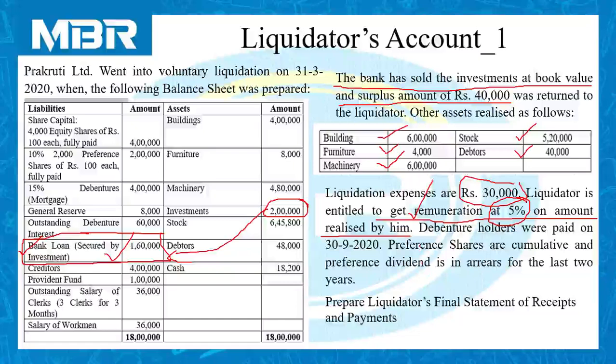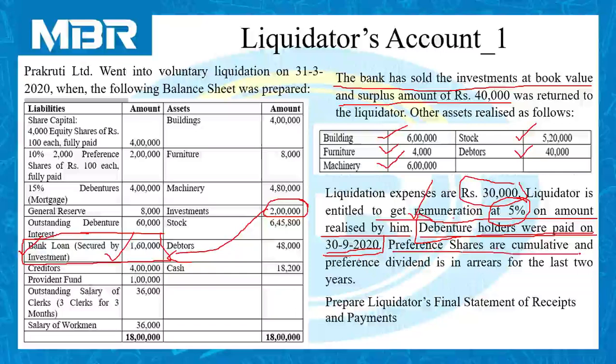Then debenture holders were paid on 30th September 2020. It is one of the most important information given by the examiner to us because as per the provisions of the Companies Act, we have to follow the rules and regulations while making payment to debenture holders.